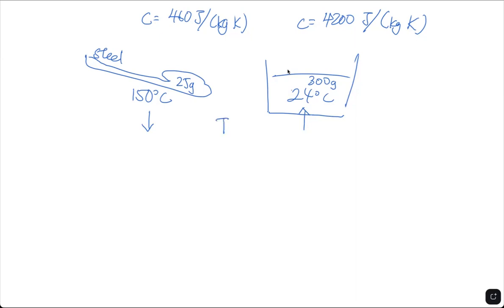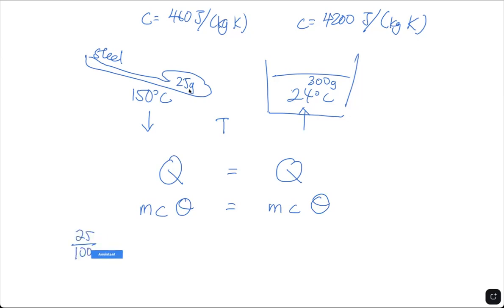Okay, so the amount of energy lost by the steel spoon is equal to the energy gained by the water. All clear? Then we use the formula Q equals mc theta. The mass of this spoon is 25 over 1000 kg. The specific heat capacity c is 460.